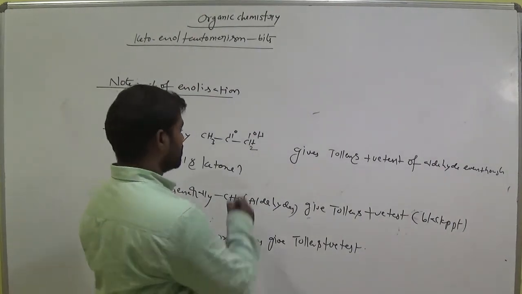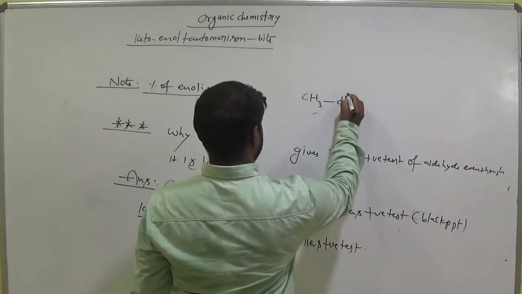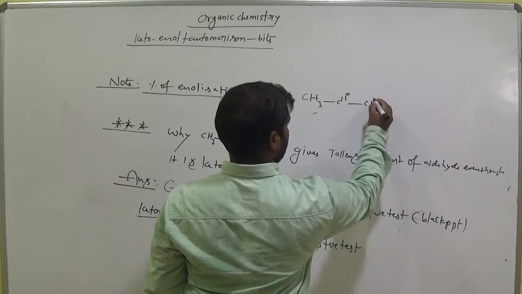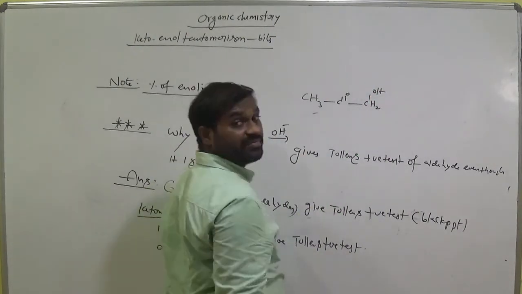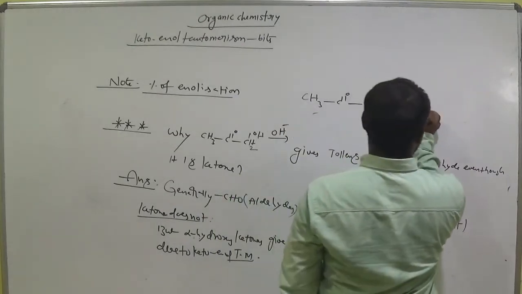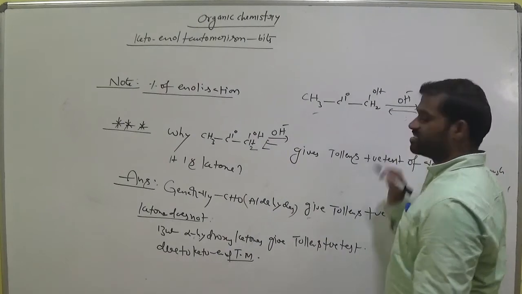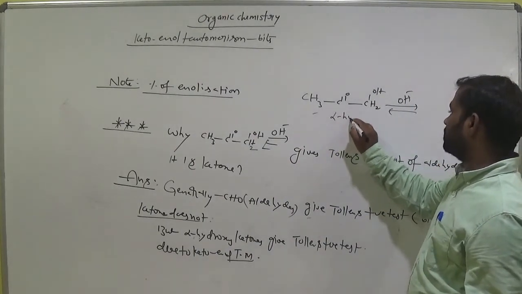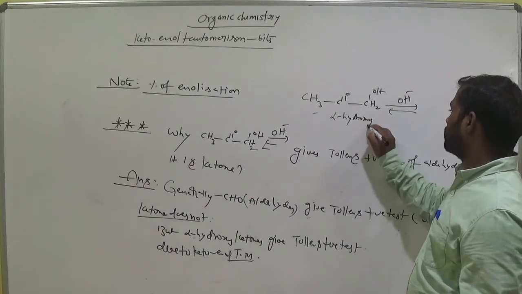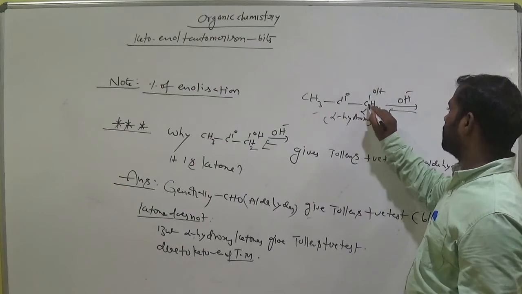So am I right? So what happened here? CH3, C double bond O, CH2OH. Here write in presence of base. What happened, ma? In presence of base. My dear students, tell me what happened. In presence of base, this is an alpha hydroxy ketone. Am I right? This is alpha position, alpha hydroxy.